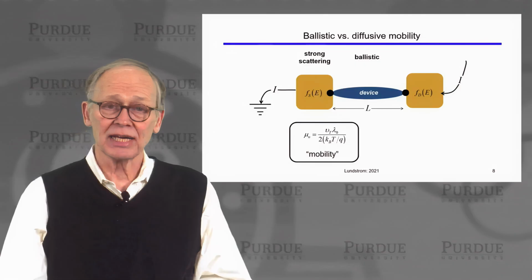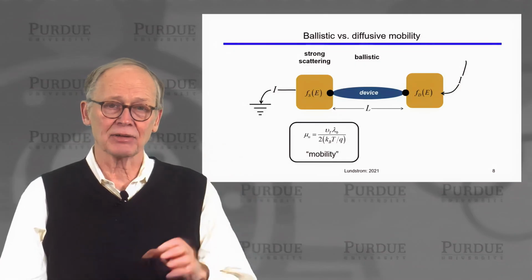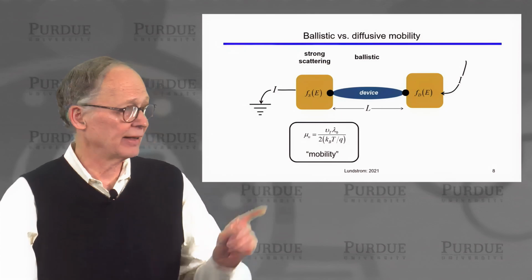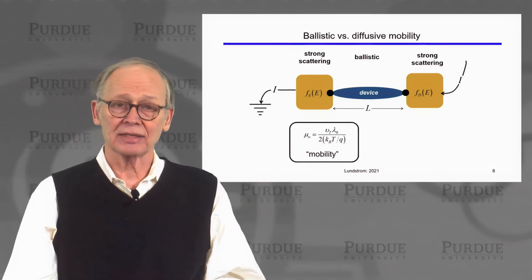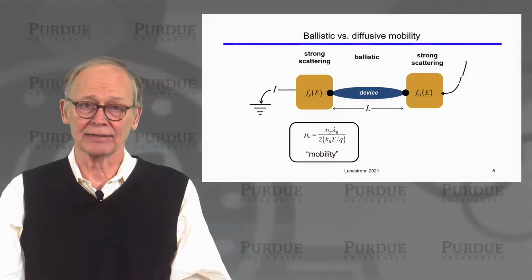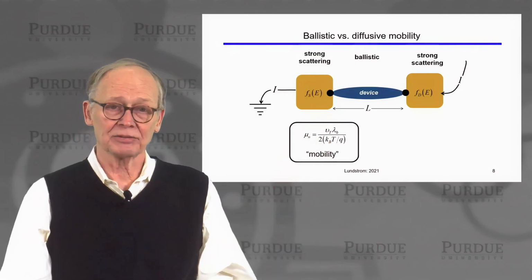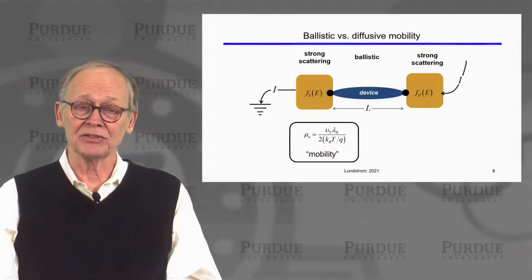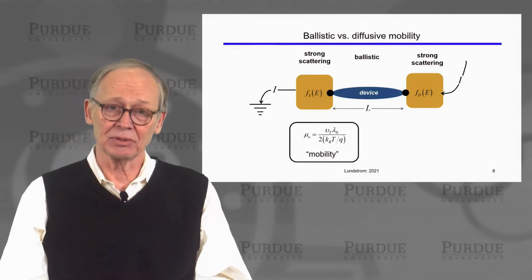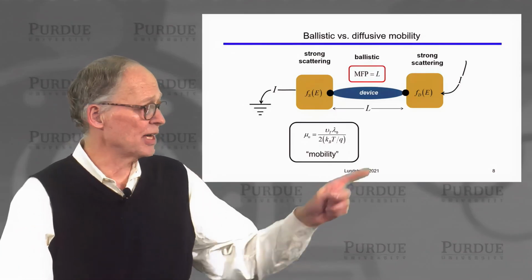Electrons enter the channel and go across the channel ballistically and do not scatter at all. After traveling a length L, they enter the second electron reservoir where there's more strong scattering, and they quickly scatter again. So the average distance between scattering events, the mean free path, is the length of the channel itself in a ballistic MOSFET. So the mean free path is the channel length.